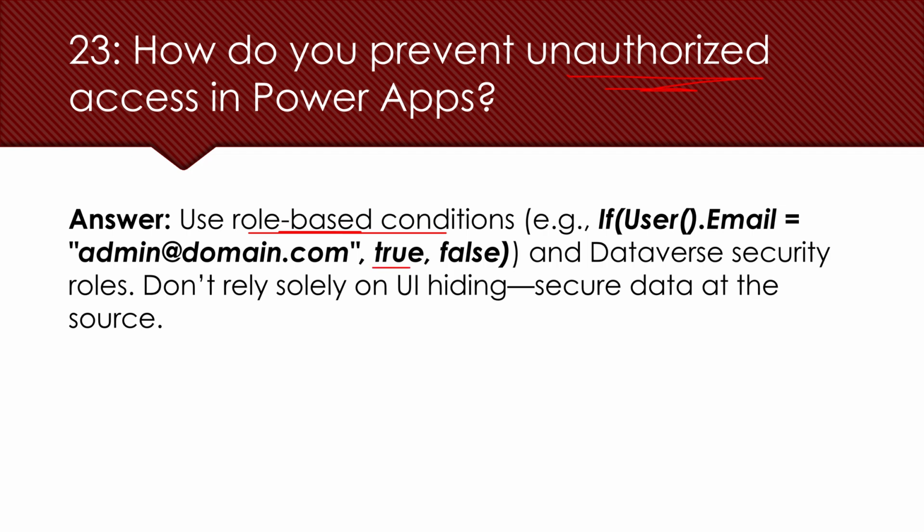According to that, we can return true or false, and then implement our logic in such a way that if the answer is true, that person is authorized. If the answer is no, then the person is not authorized. And then they can access the application.